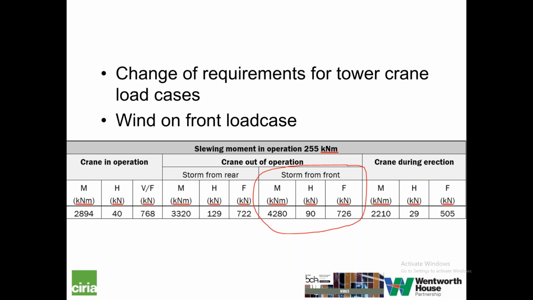And of course, sometimes if the crane is locked, you will also get wind on the front of the crane, but that is something you specifically need to refer to the tower crane manufacturer if you're in that situation and can't allow free out of operation wind sail effect, so the jib points downwind.